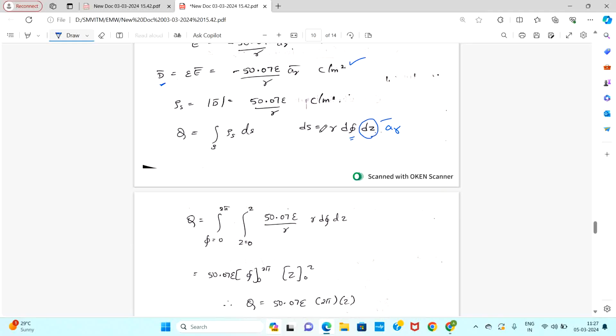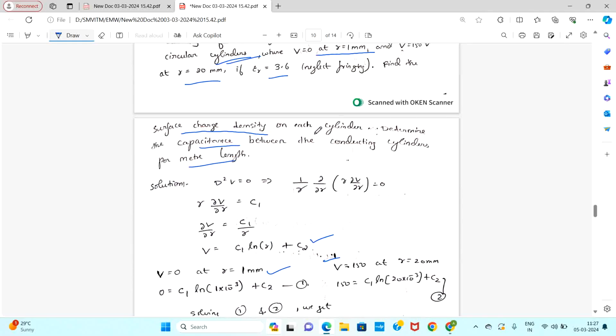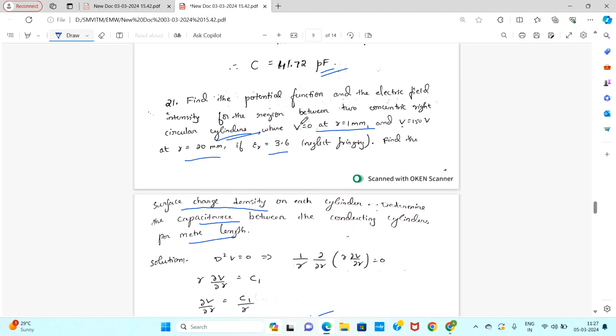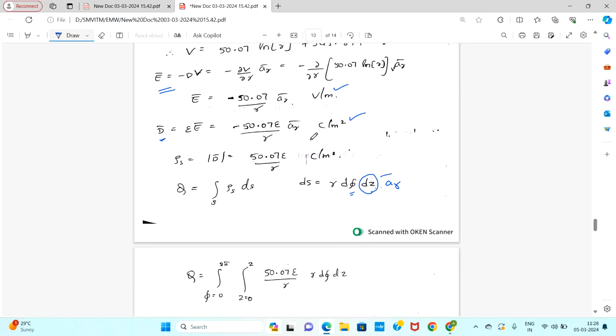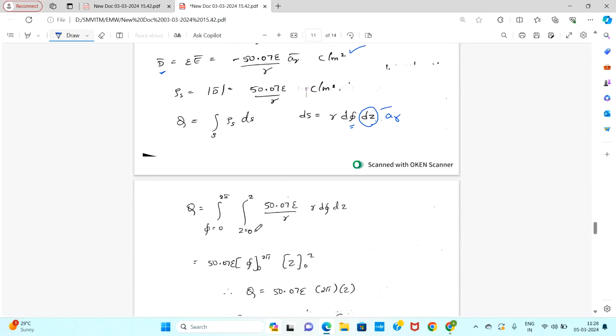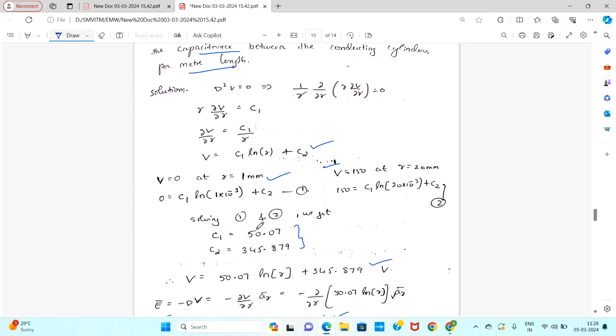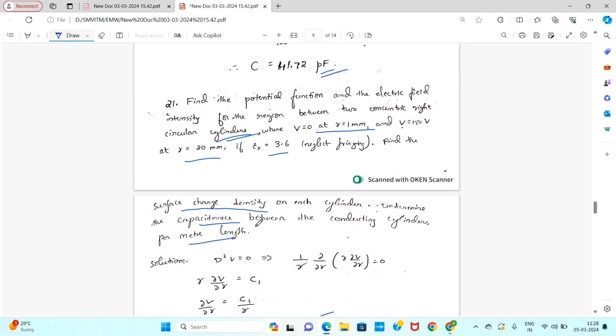For z, the limit of z, you can check the question. They're given the data: R is equal to 1 millimeter and R is equal to 20 millimeter. So here you can just take the values of z, the length of this, as 0 to 2.